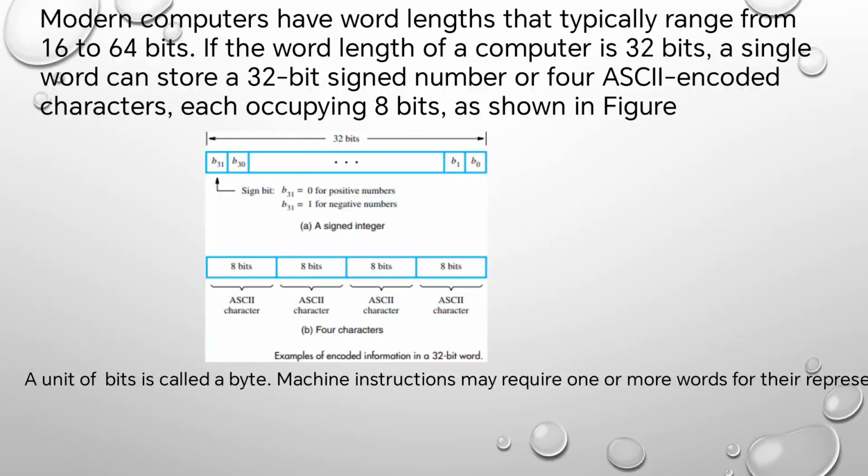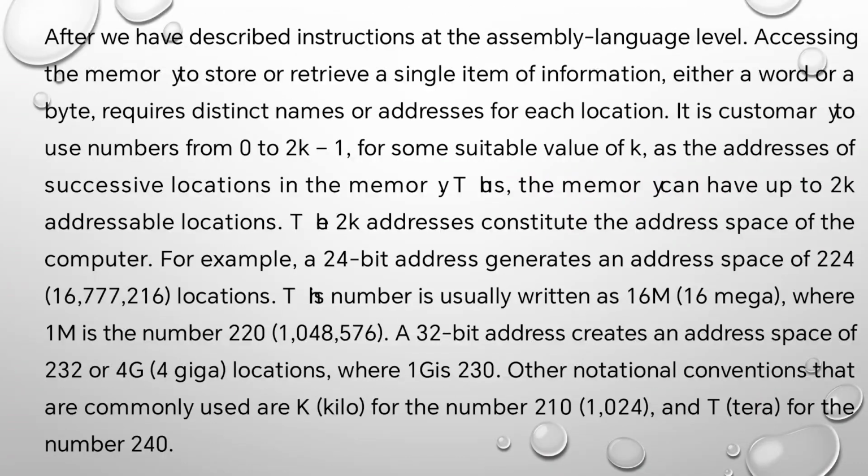A unit of 8 bits is called a byte. Machine instructions may require one or more words for their representation. After we describe instructions at the assembly language level, accessing the memory to store or retrieve a single item of information, either a word or a byte, requires distinct names or addresses for each location.